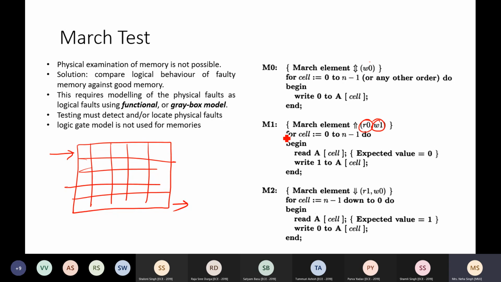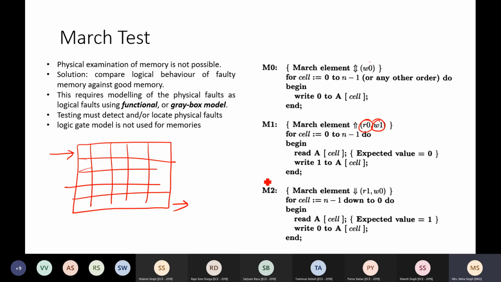In the second step, second march, I am trying to read if my memory has stored the correct value or not. If it has already 0 there, then I'll write 1. So I'll again test for 0 to 1 transition as well as writing 1. So multiple tests are performed simultaneously, but in the same sequence.